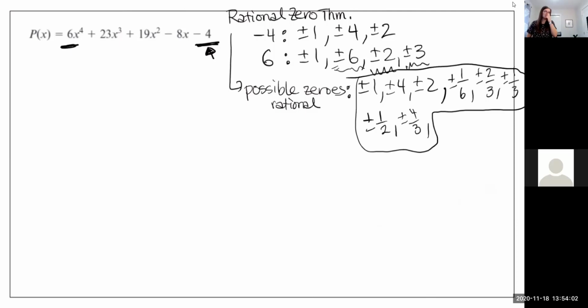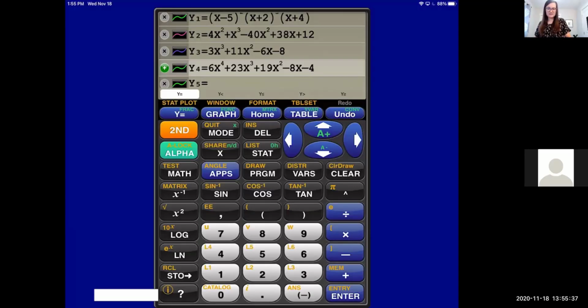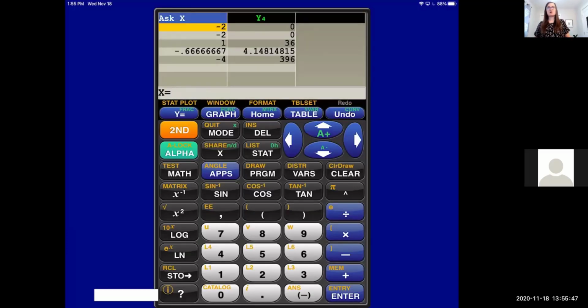And now what I can do is I can start testing them out in my table of values for this function to see which one gives me 0, because that would mean that it's a complete factor with remainder of 0. So now when I go to my table, I can try all of those possibilities. Oh, look at that. The -2 gives a 0, right? Okay, does that make sense?